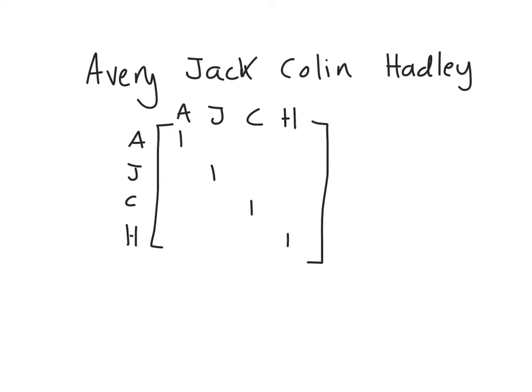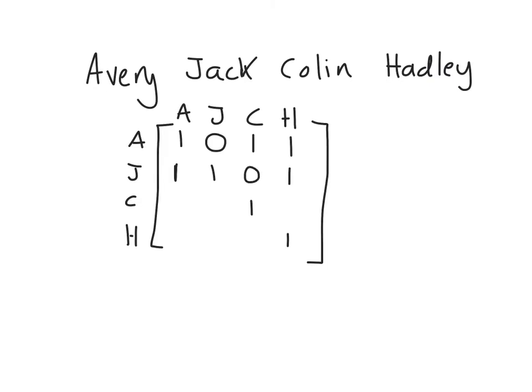Now we're going to put zeros if they're not friends. So let's say that Avery is friends with Colin and Hadley, but not Jack. But let's pretend that Jack doesn't know that Avery doesn't like him or her. And so Jack says, well, I'm friends with Avery, and I'm friends with Hadley, but I'm not friends with Colin.